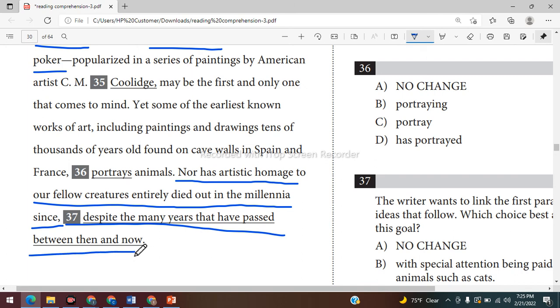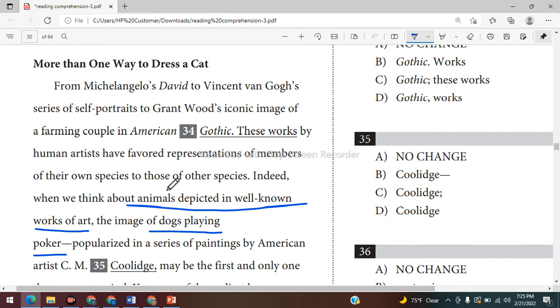They started broadly. They started talking like, hey, people like to have animals in paintings and depict them. They started off with some history. They did it back in the day, Michelangelo, and they mention other works that humans have done to depict animals.